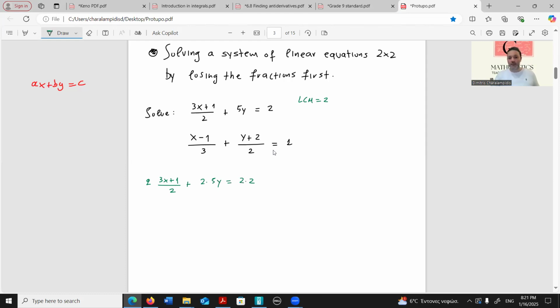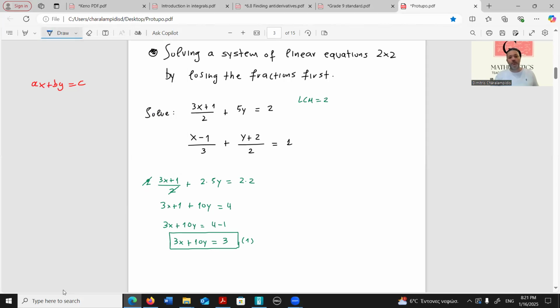Why did I do that? Simply because I want these to be simplified. So 3x plus 1 plus 10y is 4, which means that 3x plus 10y is 4 minus 1, which means that I ended up in the corresponding standard form, which is this. 3x plus 10y is 3, and this should be named 1.